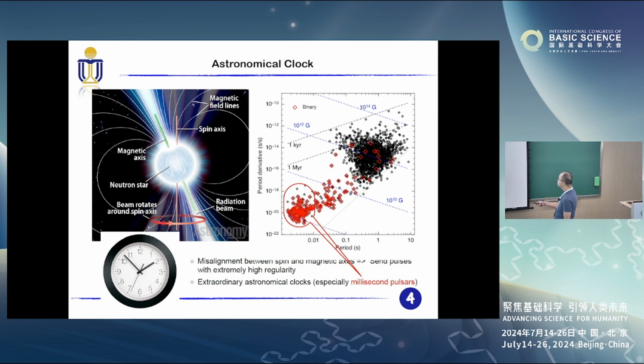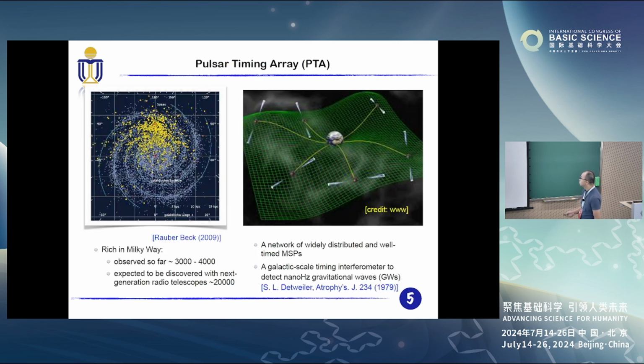In this plot, we can see the cluster of millisecond pulsars. Here, the red color denotes that they are binary pulsars. Pulsars are very abundant in our galaxy.